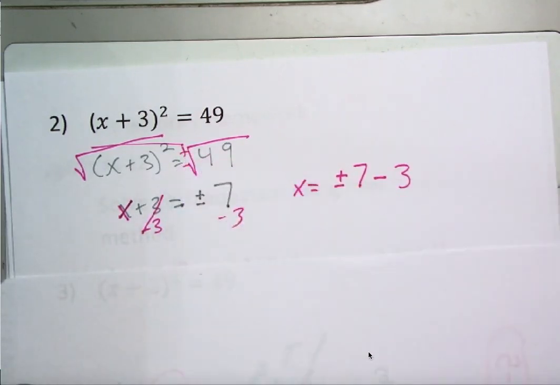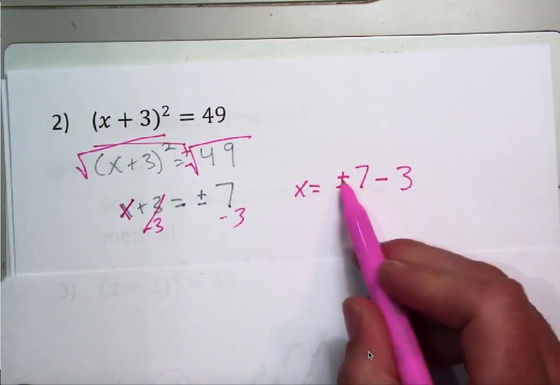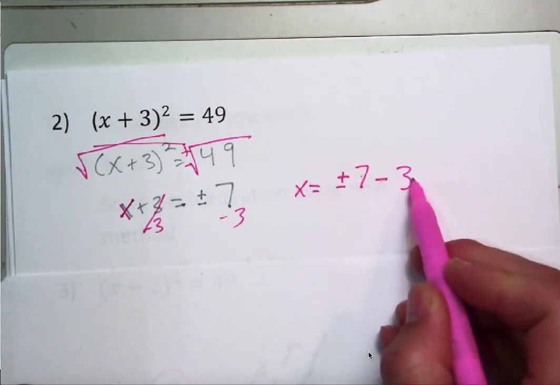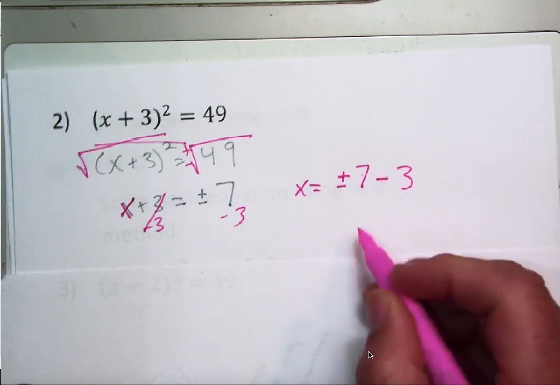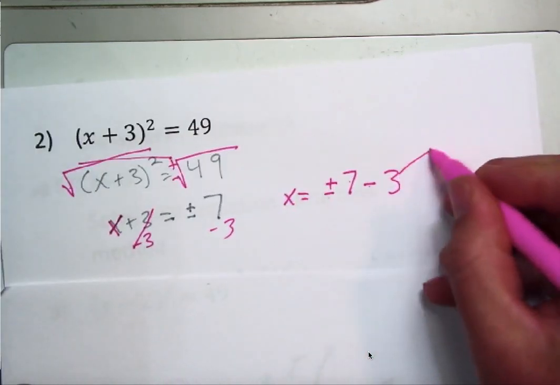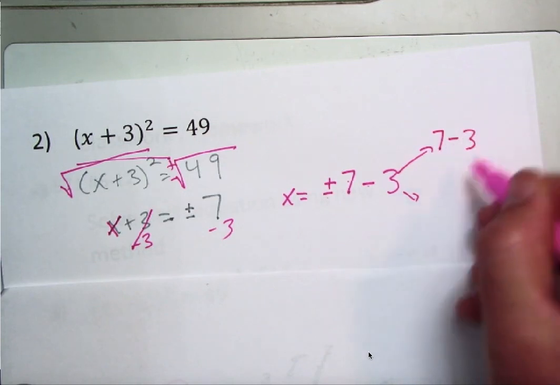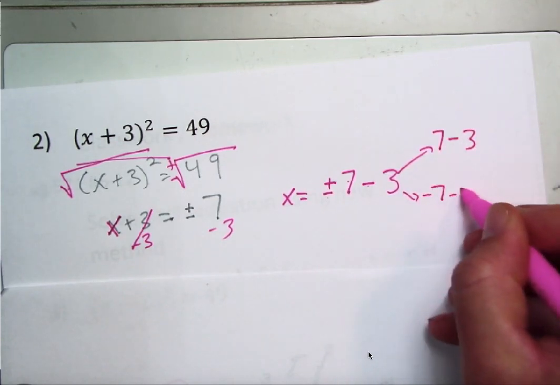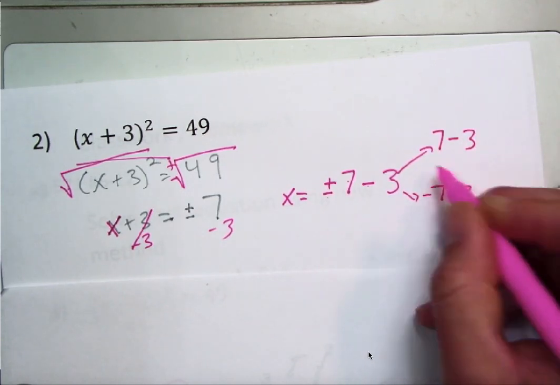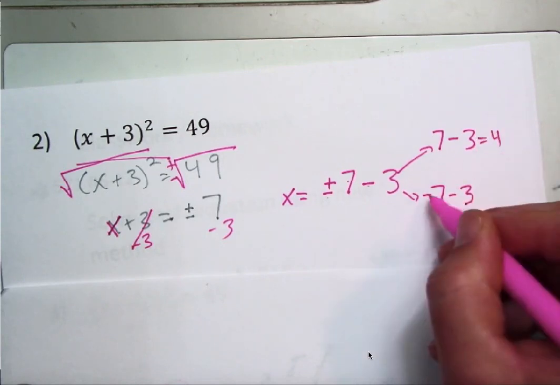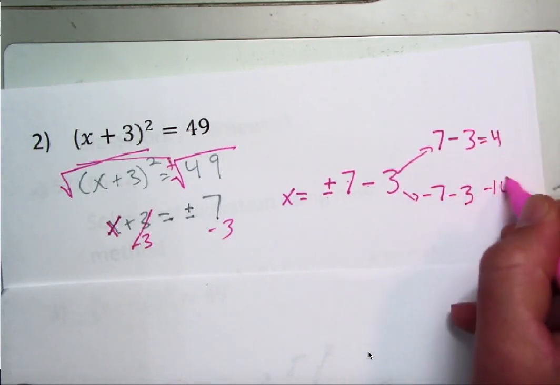So you basically have two answers here. You have positive 7 minus 3 and negative 7 minus 3. So we do have two equations we have to solve. 7 minus 3 and negative 7 minus 3. 7 minus 3 is 4. Negative 7 minus 3 is negative 10.